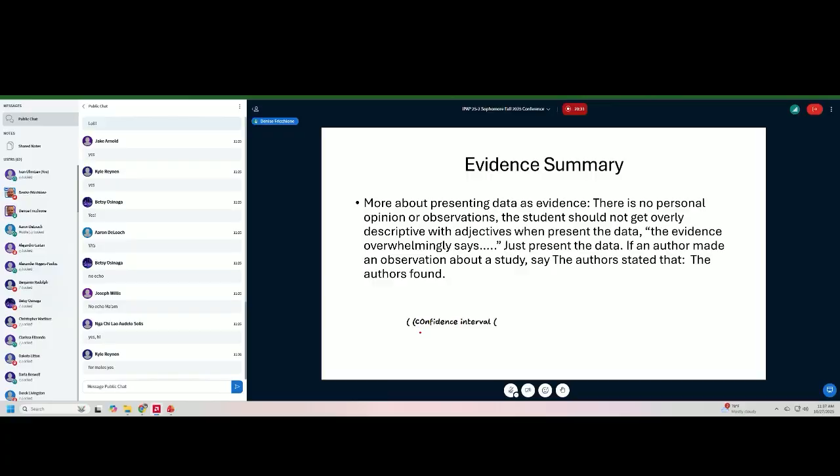Confidence interval. So that's what it's going to look like. Make sense? It's just a different language.